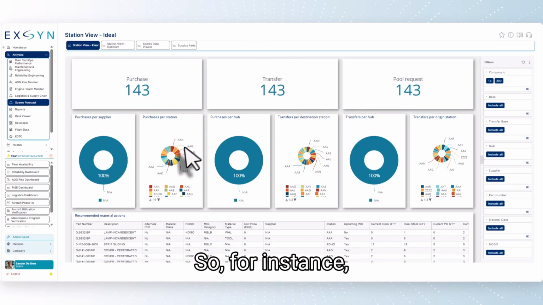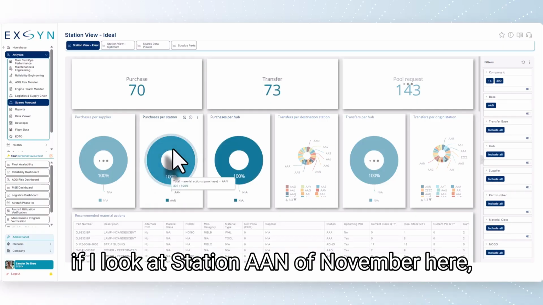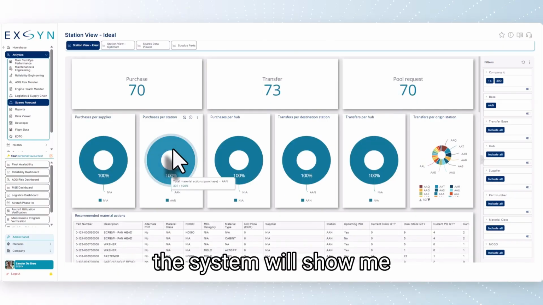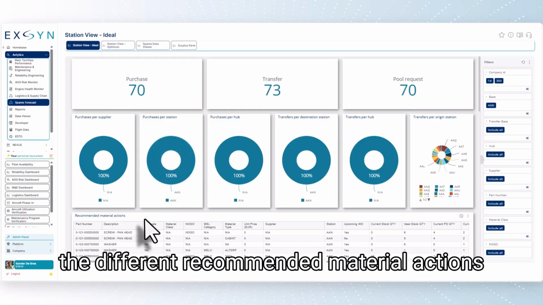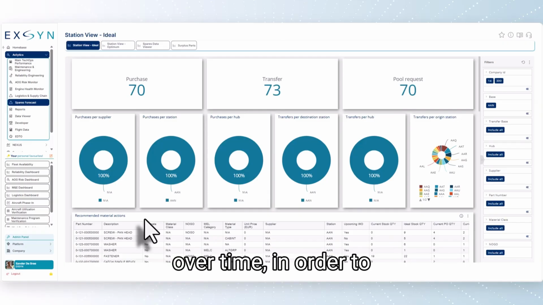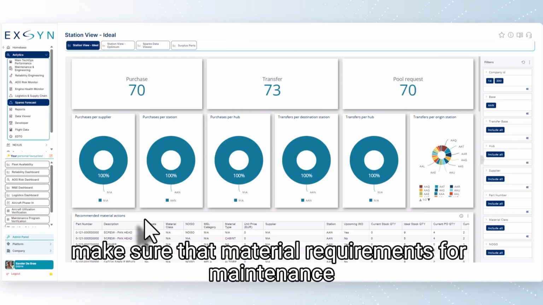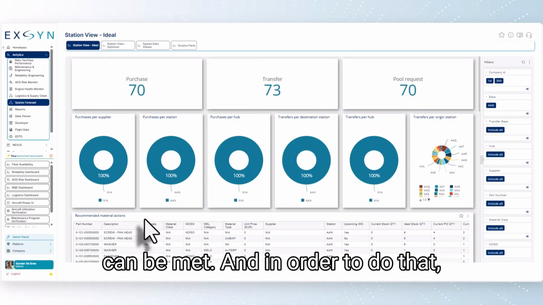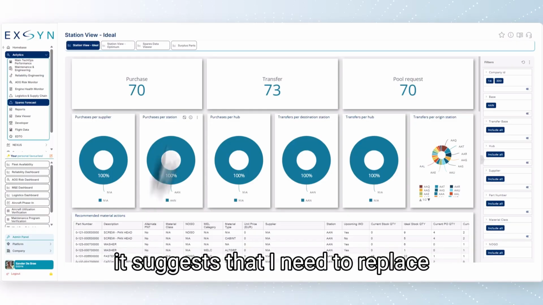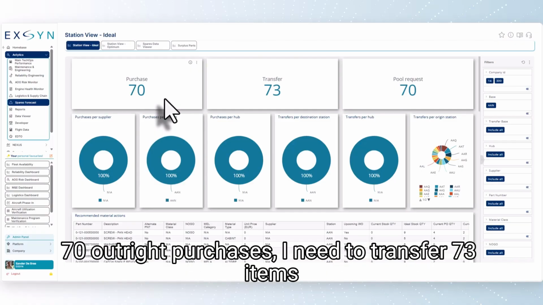So for instance, if I look at station AAN of November here, the system will show me the different recommended material actions over time in order to make sure that material requirements from maintenance can be met. And in order to do that, it suggests that I need to place 70 outright purchases.